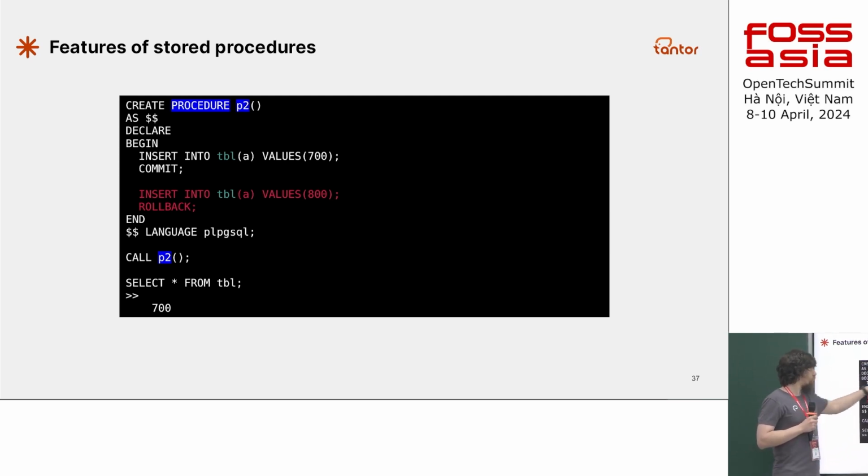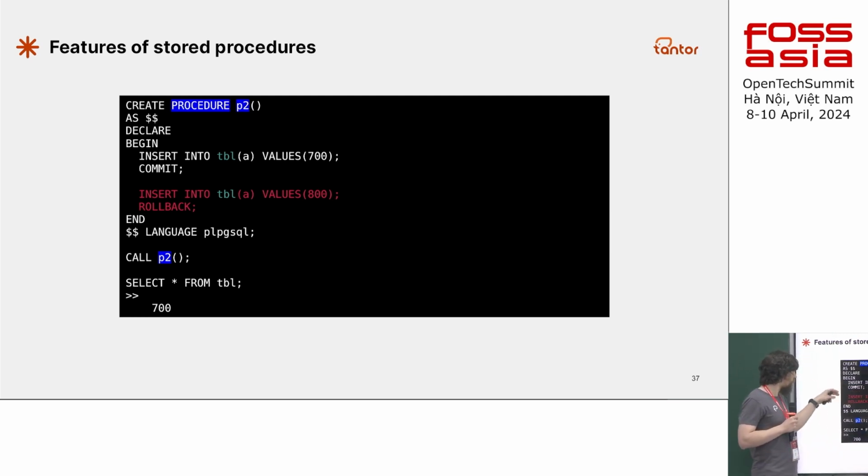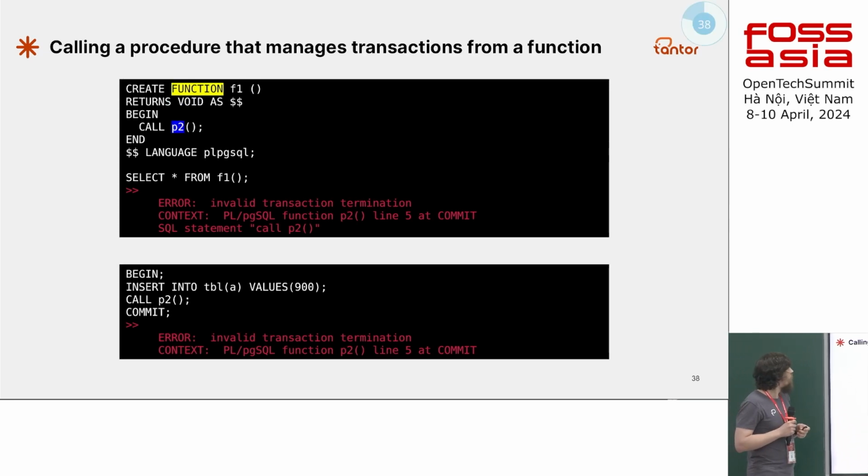At first it inserts 100, then a commit command, and then 800 and a rollback command. After the first commit, in our main session one transaction is completed and the second transaction is automatically started, and that was rolled back. So we have in the table only 700.